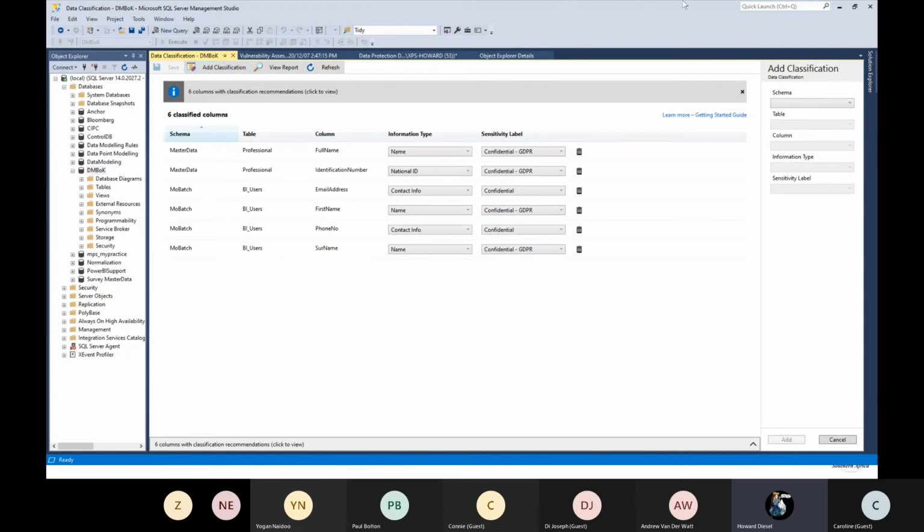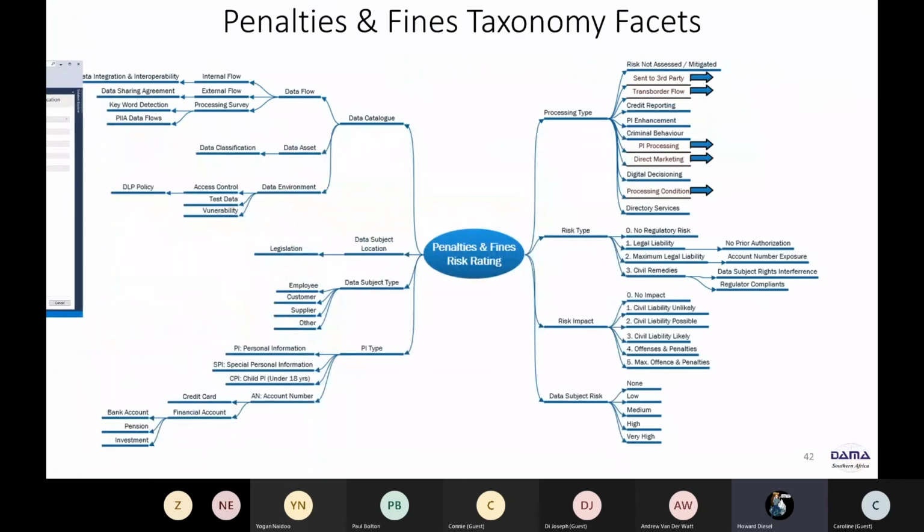That's where I've been able to start with the data model and start extracting this information. So the tools certainly do support you. There's lots you can do. You can set up your own policies as well, so the way in which you categorize the data, but you have to start with this information.